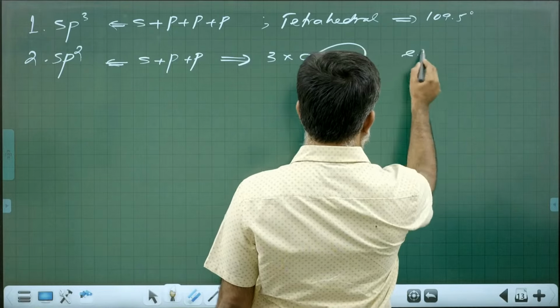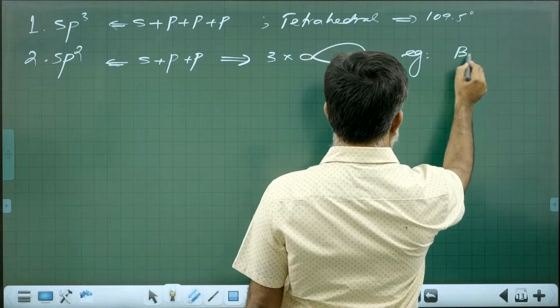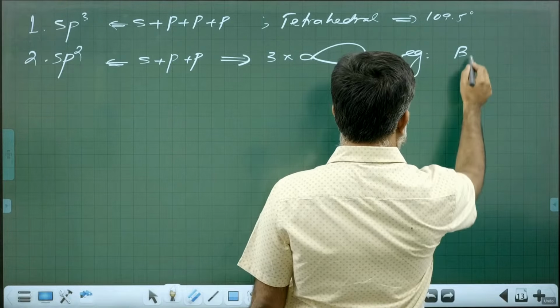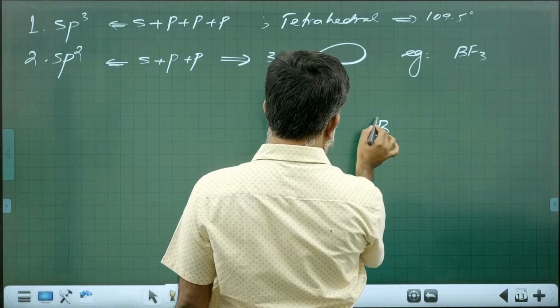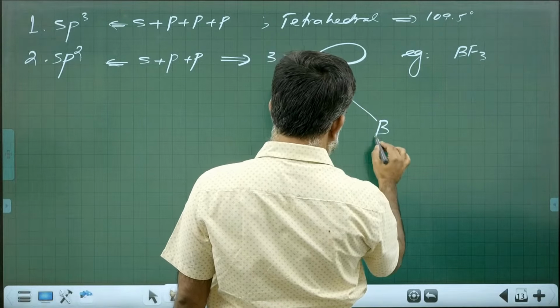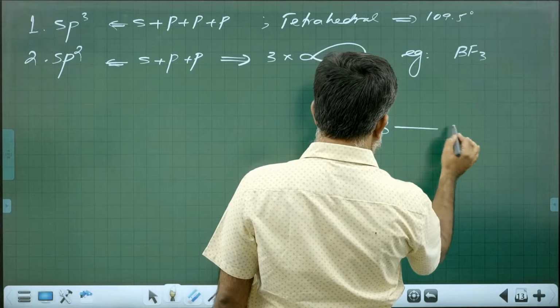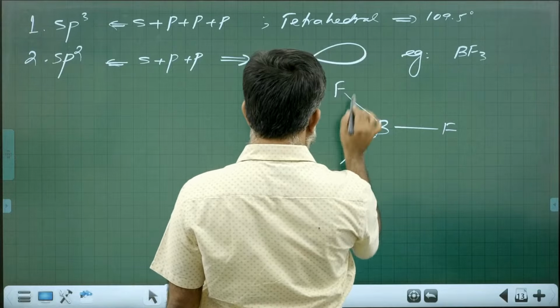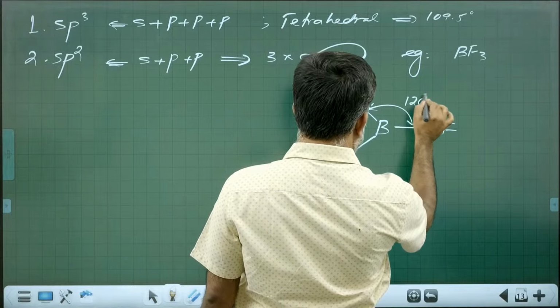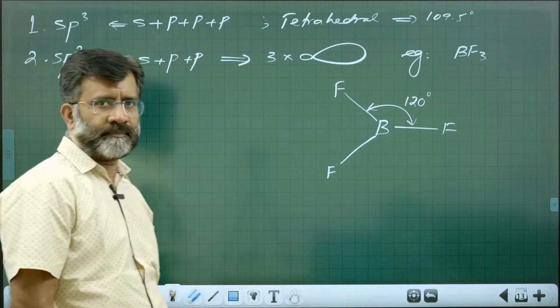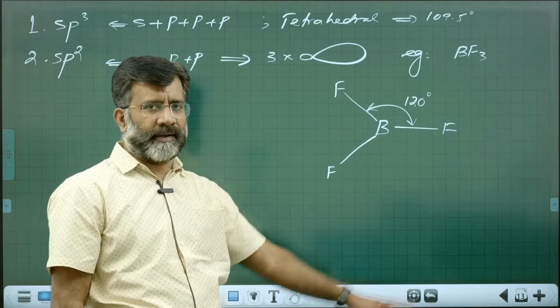For example, BF3, sp2 hybridization. Boron, the central atom, one orbital like this, one orbital like this, one orbital like this. This is sp2 hybridization, making a bond angle of 120 degrees.